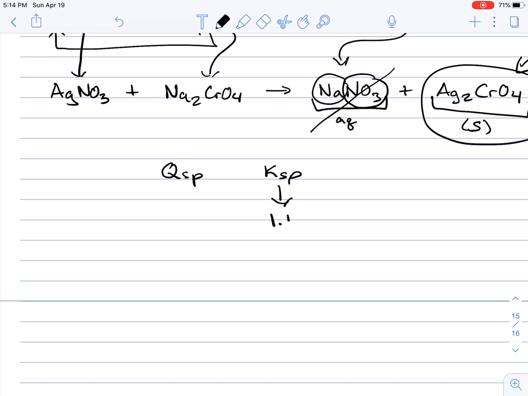So this is a value that you don't need to calculate, you just need to look up from reference. And so what you have to calculate is Qsp.